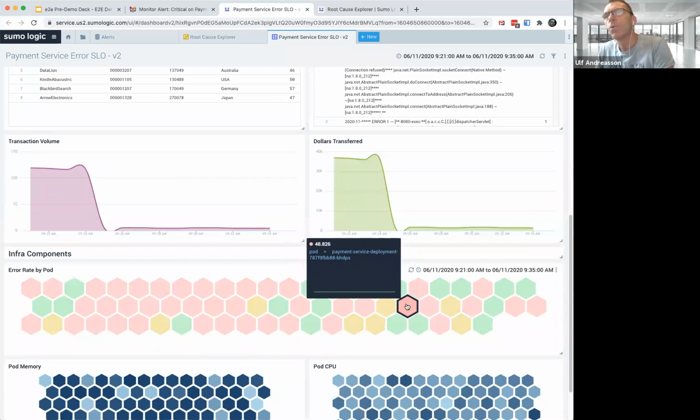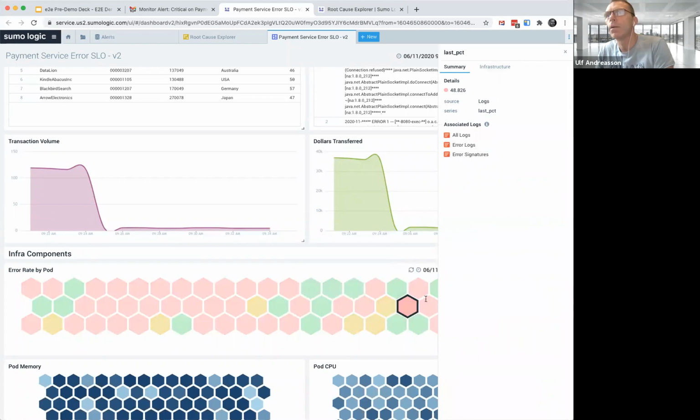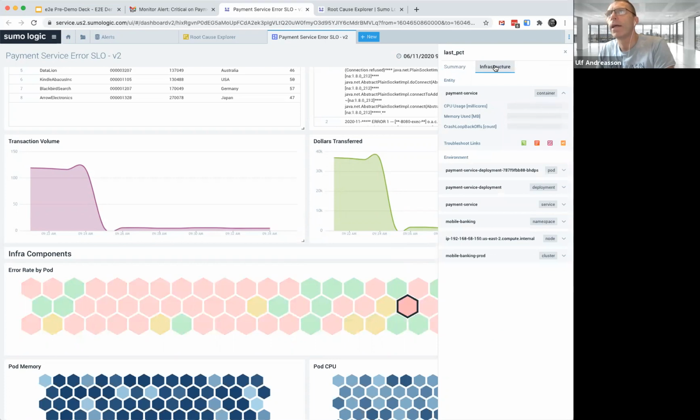So what I can do here to progress this is go in, and just clicking on this pod gives me some more information. I could go straight into the logs, but as I said, this is probably more than just a pod problem. What I can then do is go in and see the entity relationship here, because all the data that's coming into Sumo is tagged with a lot of different metadata, which puts me in context.